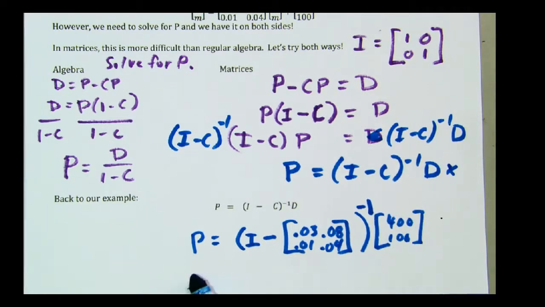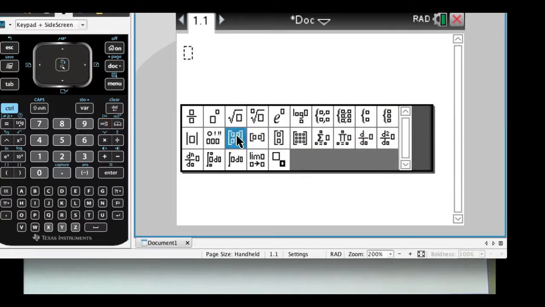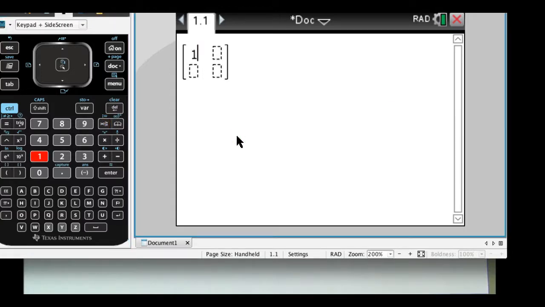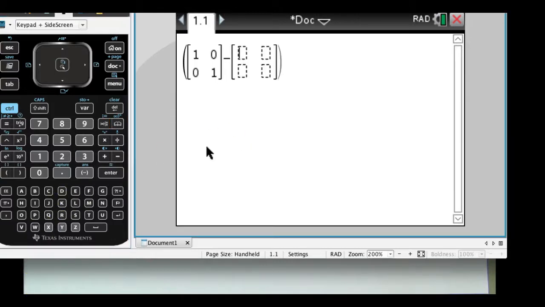To find the production that I need, I can put this into my calculator and sort it out. So on the calculator, I just type this in. This is a 2 by 2, so I need the 2 by 2, 1, 0, 0, 1. That is my identity matrix. And I need to subtract my other square matrix, which is the consumption matrix.